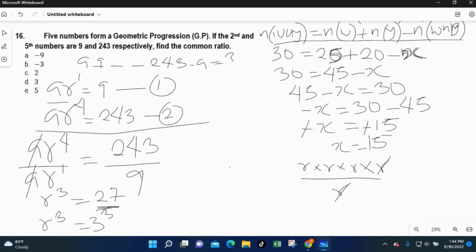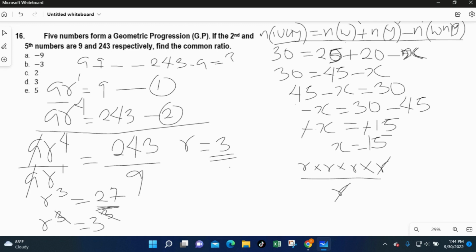Do you notice that the powers are the same? If the powers are the same, the powers can cancel, and we will be left with R equal to 3. And R is the common ratio which we are asked to look for.